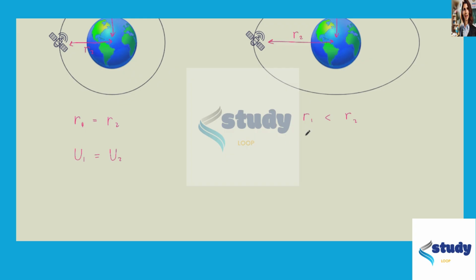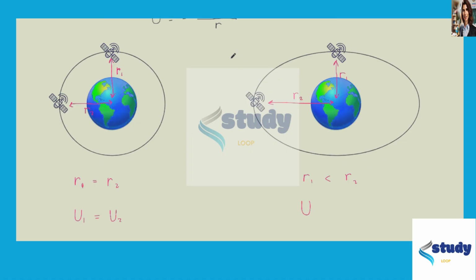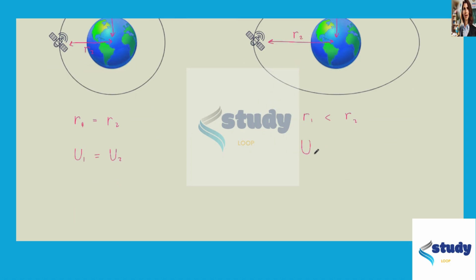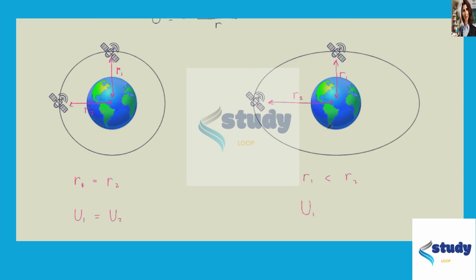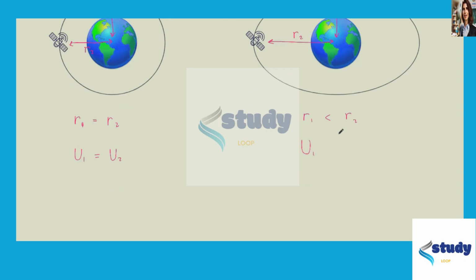And this means that, since the potential energy is inversely proportional to the radius, the gravitational potential energy at point 1, U1, is greater than the gravitational potential energy at point 2. So U1 is greater than U2.